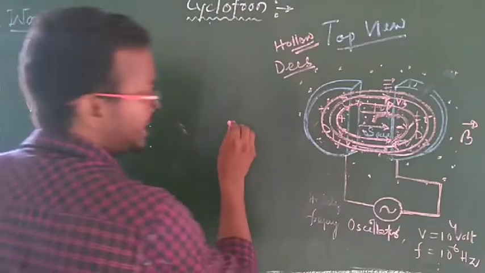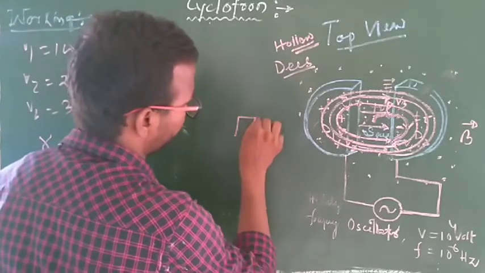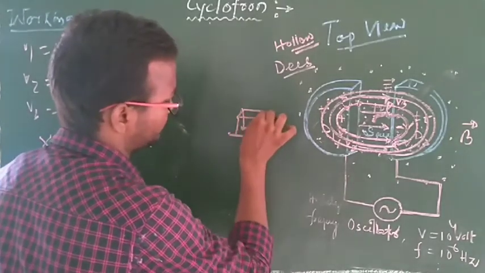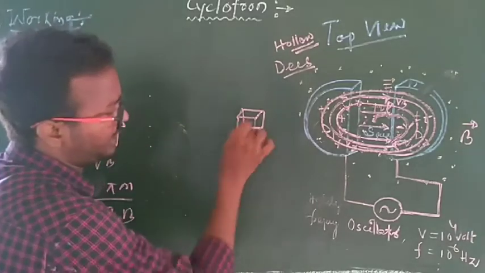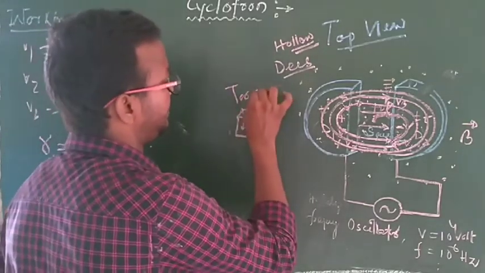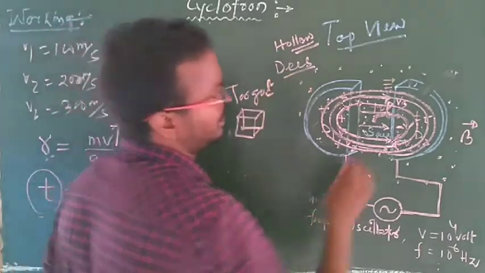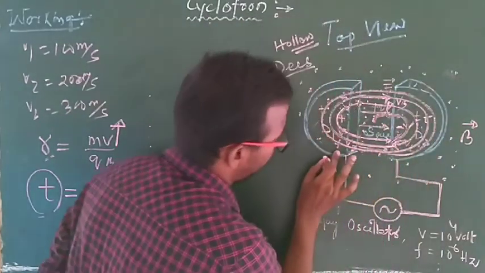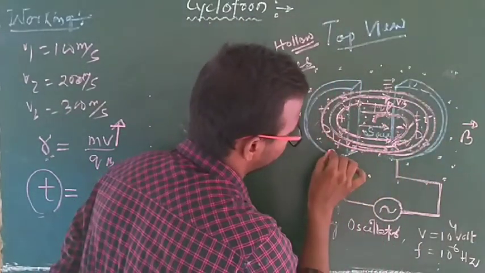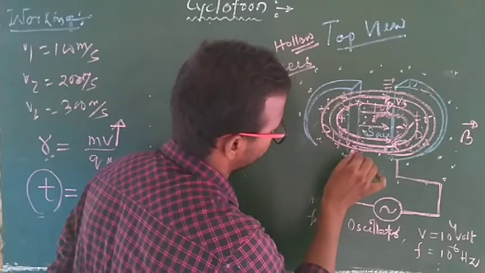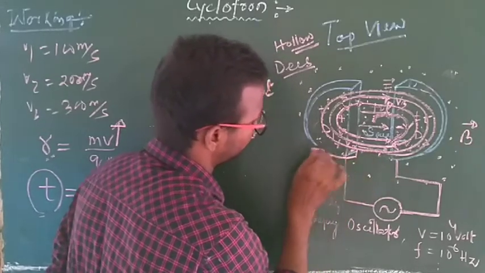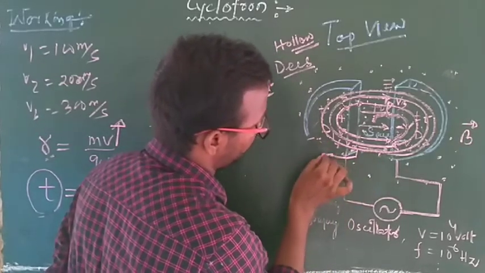This is the target. We want to break this target. This is the target particle or any nucleus. And suppose there is a window. This is the window.